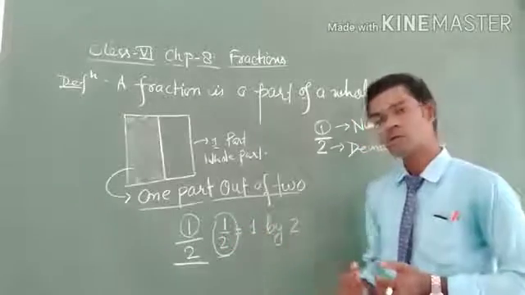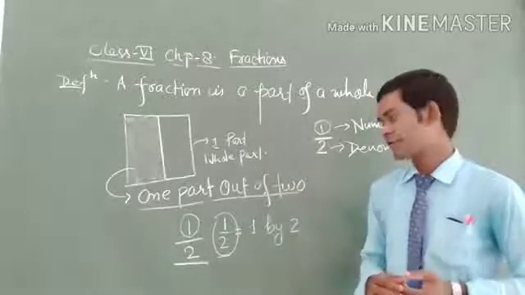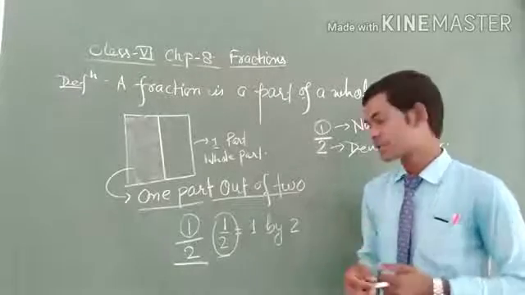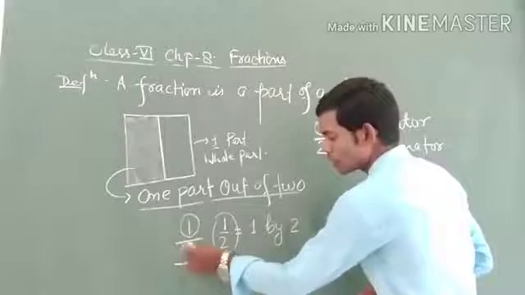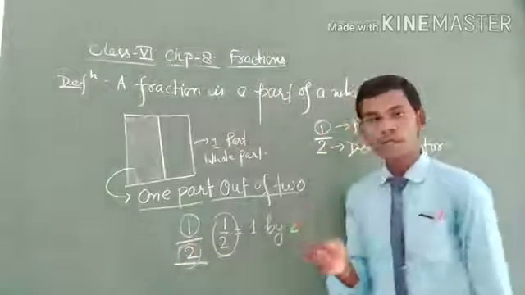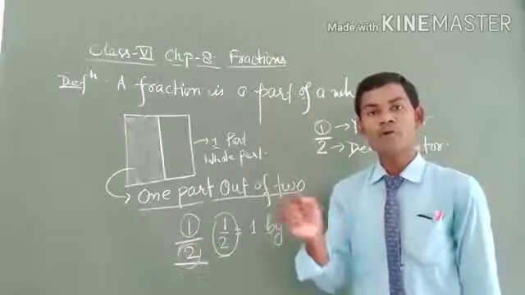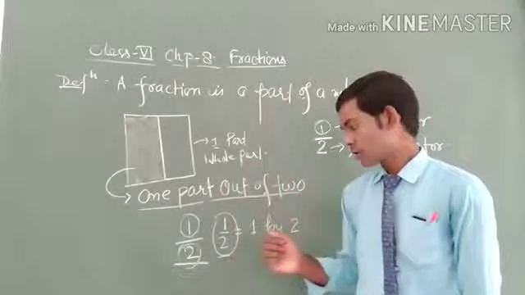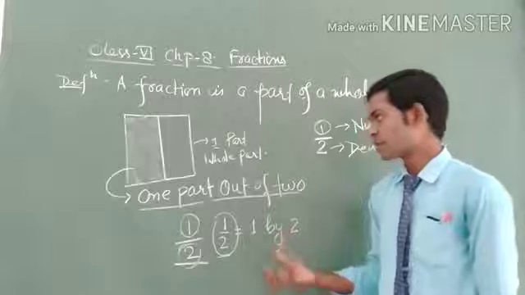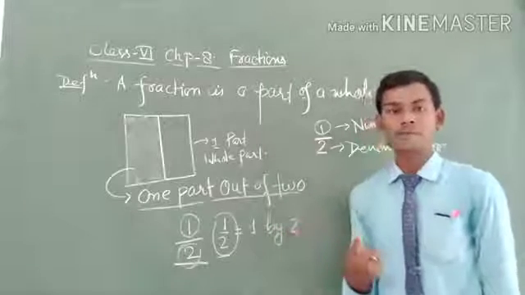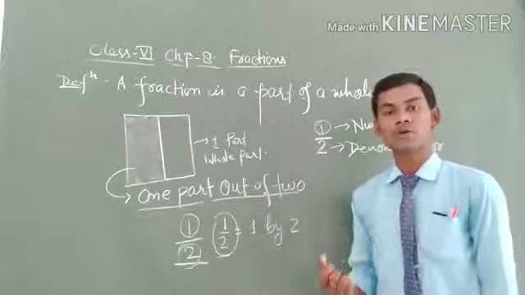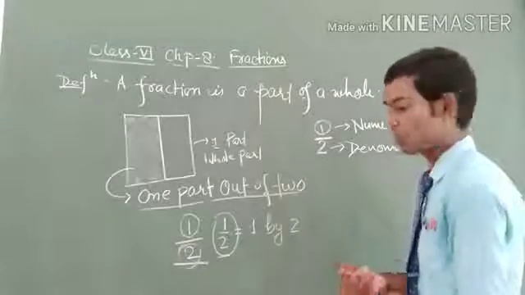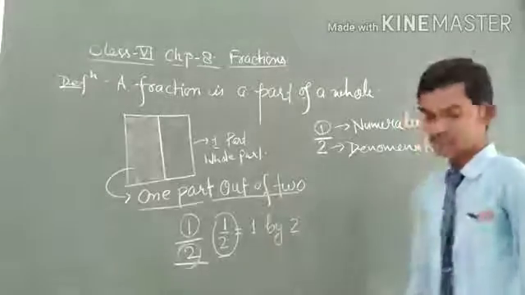Here 1 upon 2 is the fraction, in which a whole is divided into two equal parts, and one part out of two has been taken. So I think the definition and idea of fraction is clear to all students. Now let us see some various types of fractions.